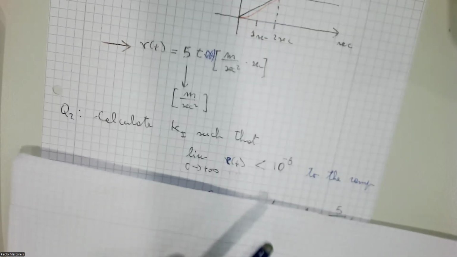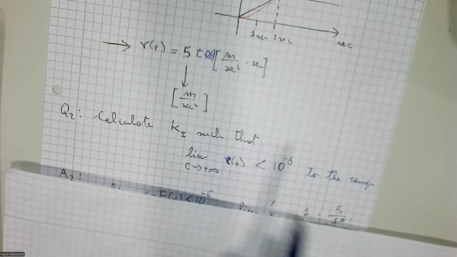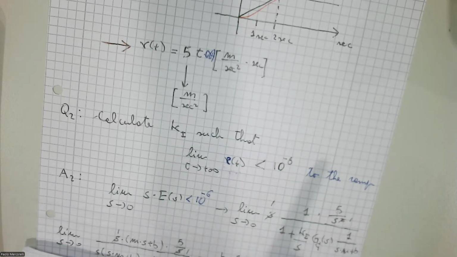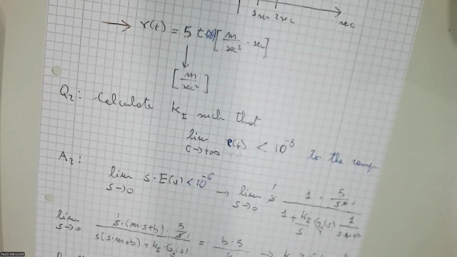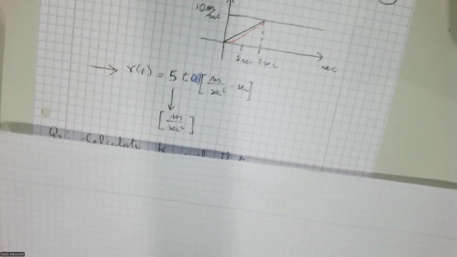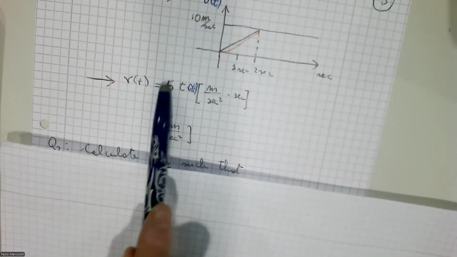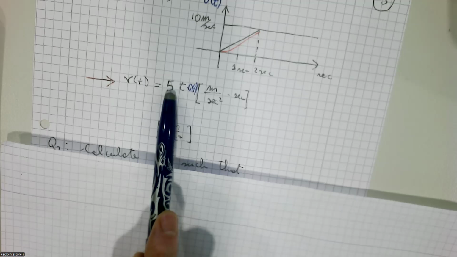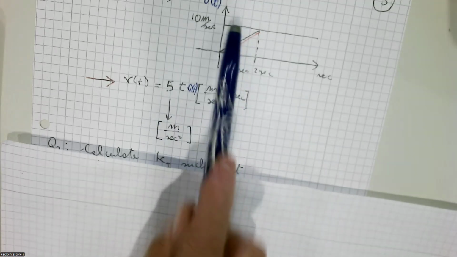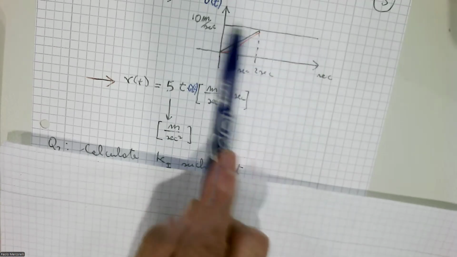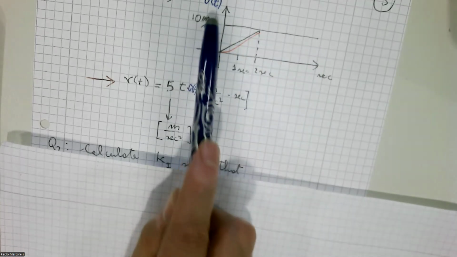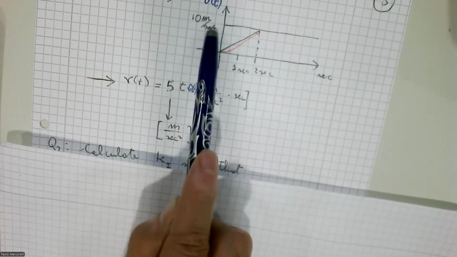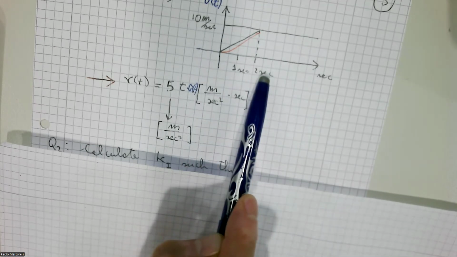Let me read again. It could be that I give you directly this, easier, or I write, please pay attention now, 10 meters per second that we can achieve in 2 seconds.